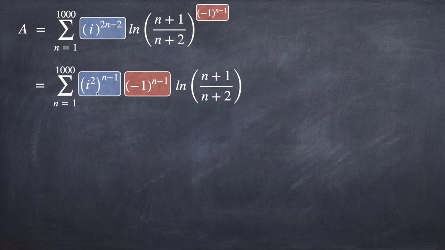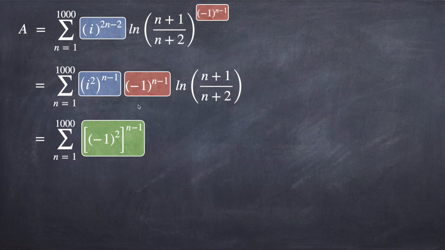And now we can observe that these two terms are equal to each other because i squared is equal to minus 1. And then we have minus 1 to the power of n minus 1 squared, or in other words, we can write it as minus 1 squared to the power of n minus 1. And that multiplies the logarithm.